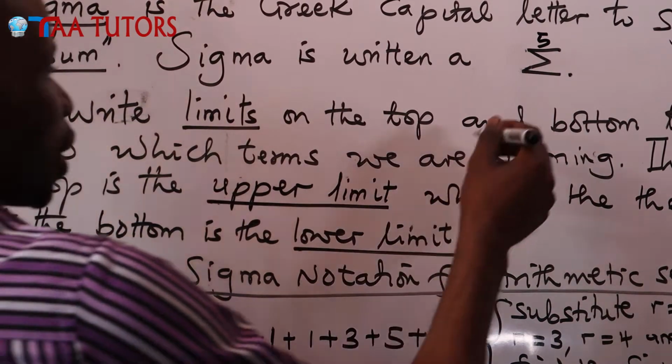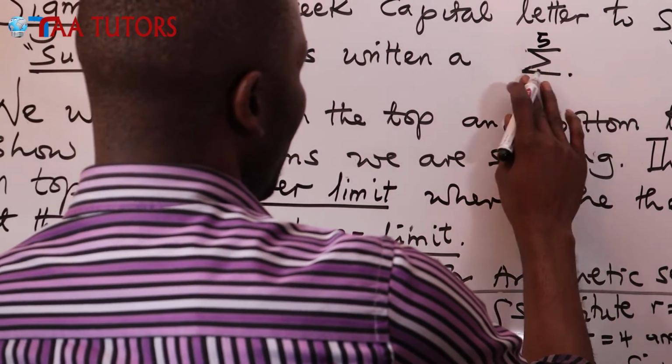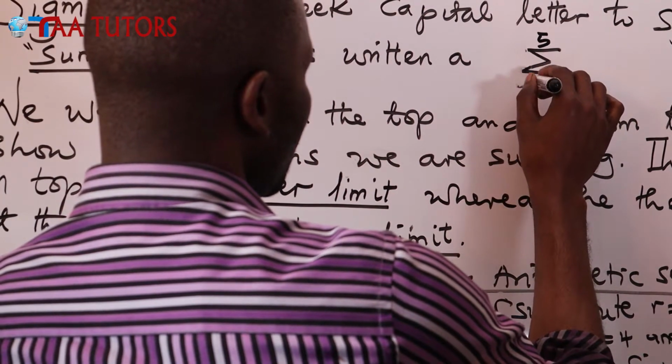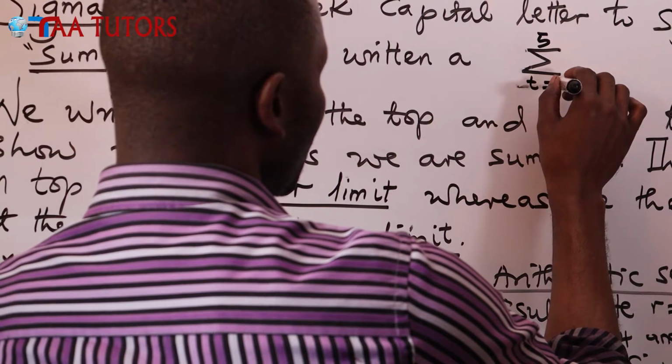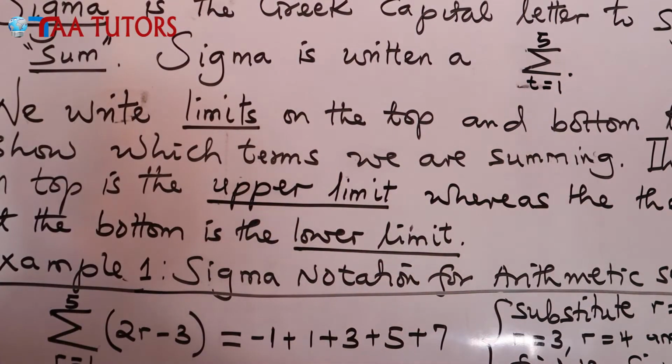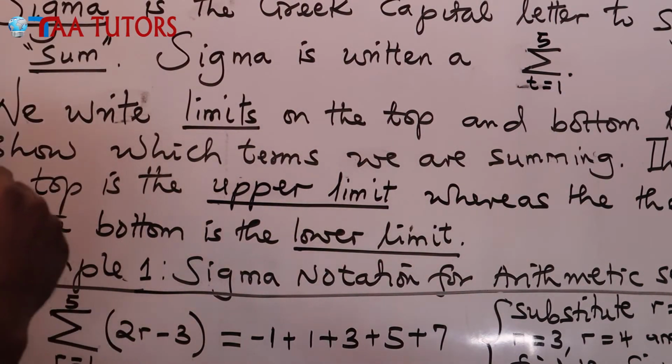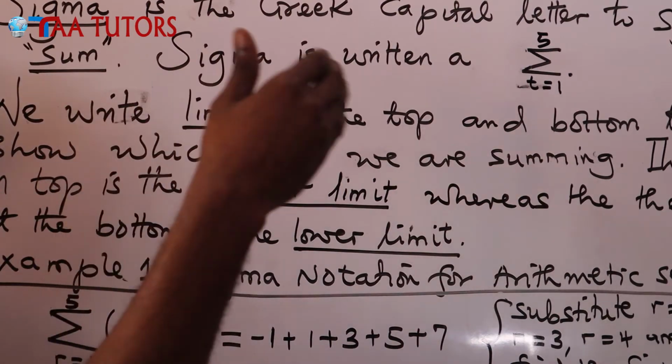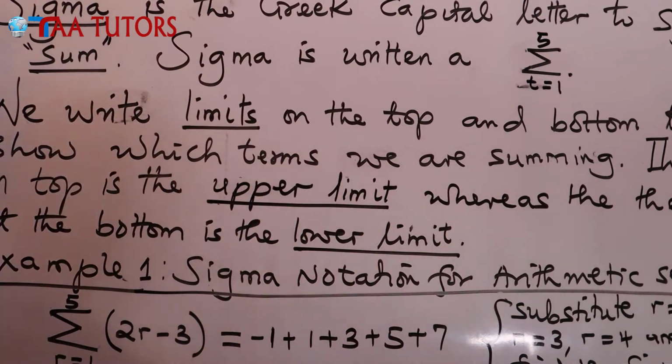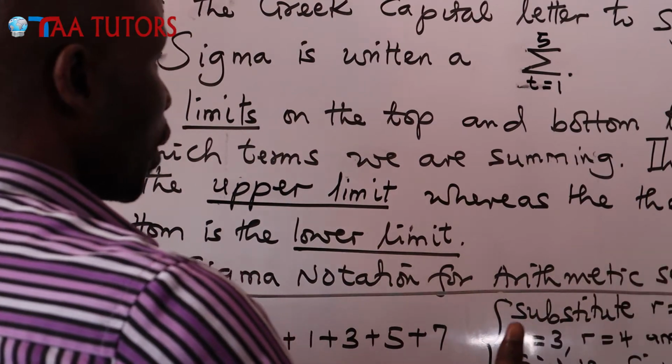And the one at the bottom, if I say n or t equals 1, it means that I should add the sums from t equals 1 to t equals 5, meaning the sums 1 to 5. So I will have to substitute.